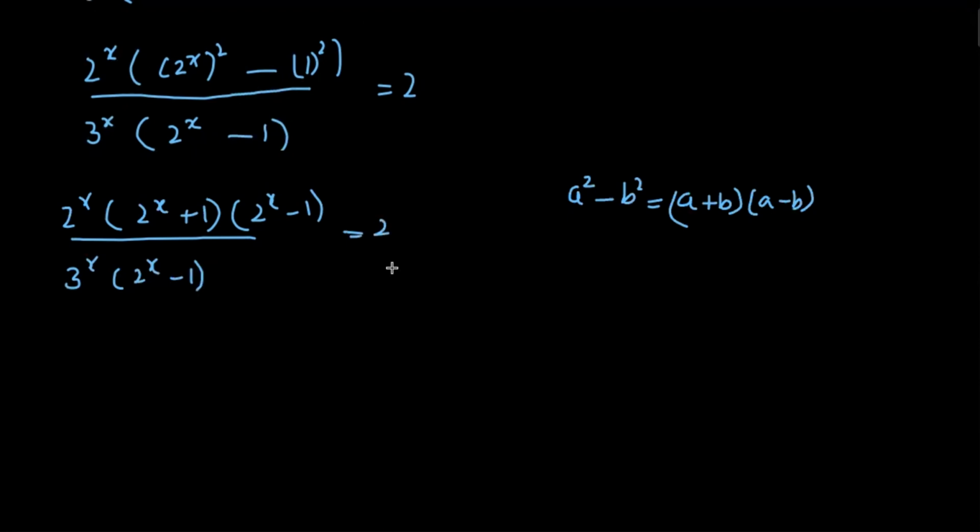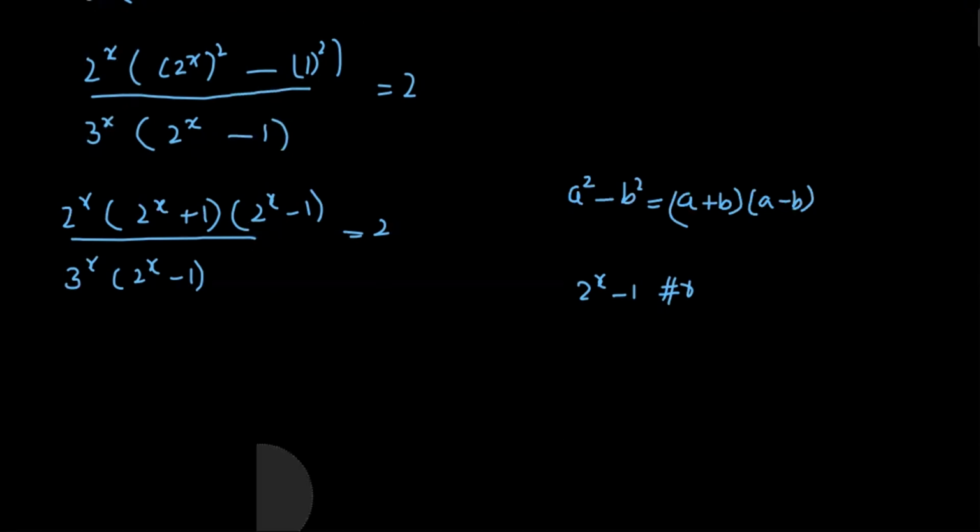You can see here that 2 power x minus 1 cannot be equal to 0, because the denominator cannot be 0, because if the denominator is 0, the equation becomes undefined.